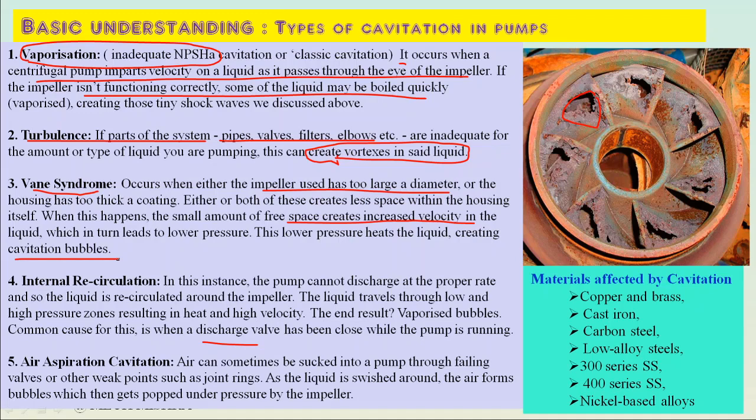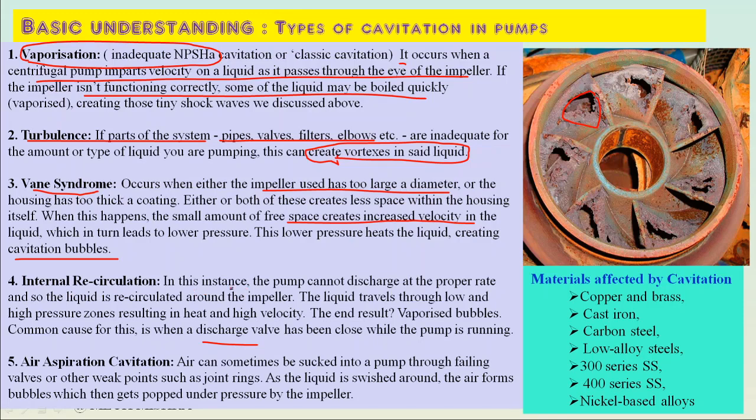Now internal recirculation. When we have certain restrictions on the discharge side, like we have throttled the discharge valve, or sometimes closed the discharge valve and started the pump running, the fluid will internally recirculate in the pump only. So this is internal recirculation.